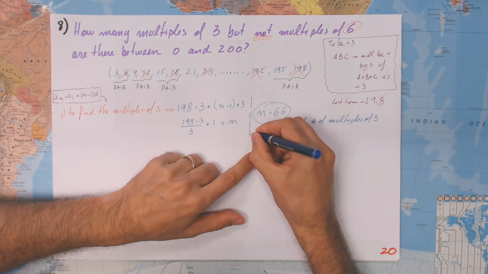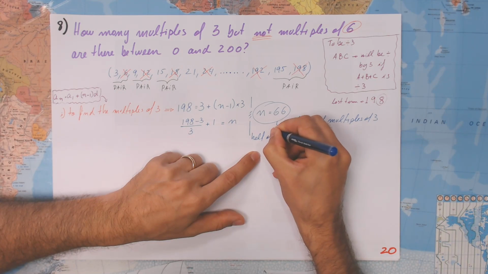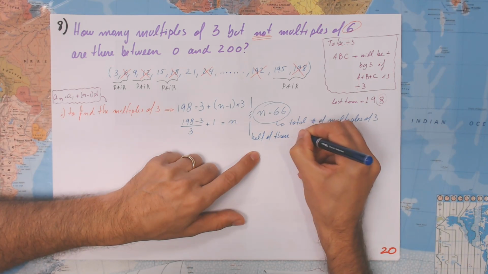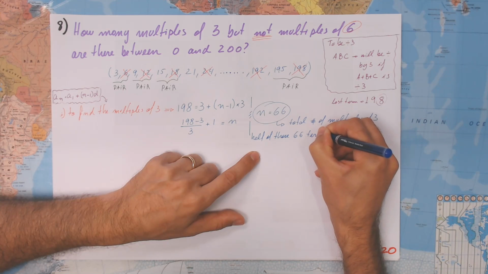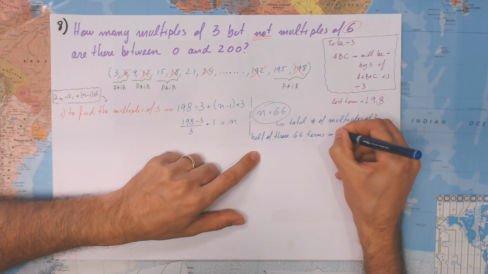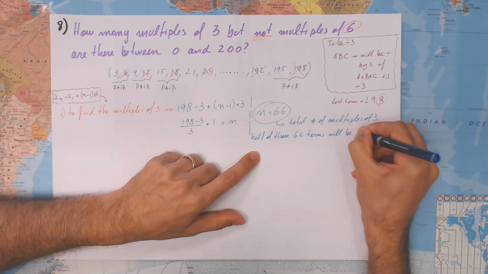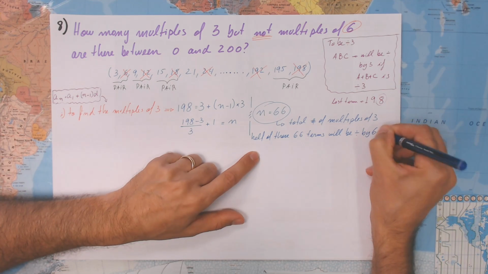So half of those 66 terms will be divisible by 6.